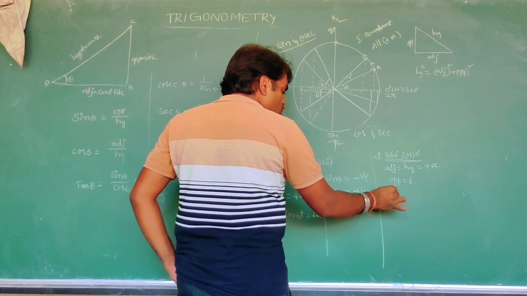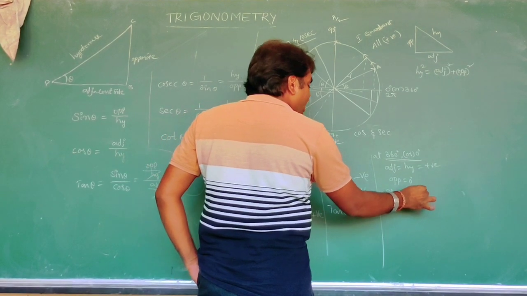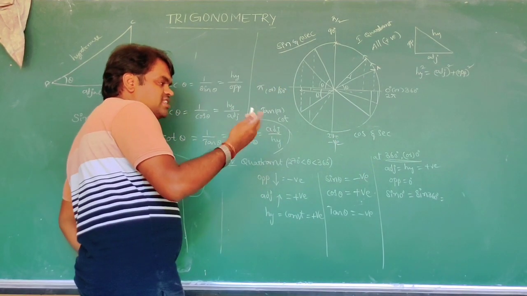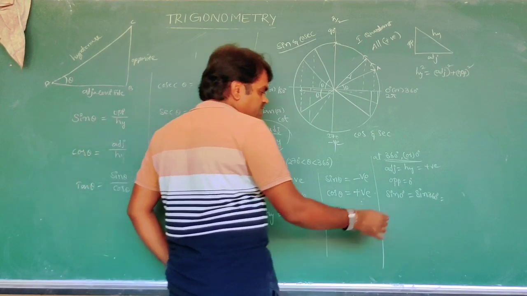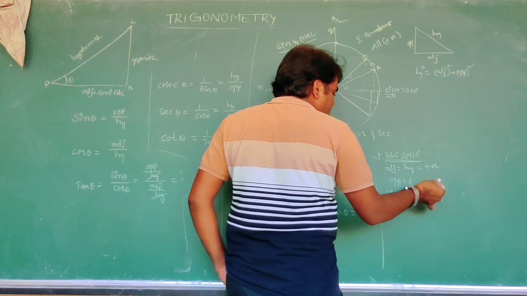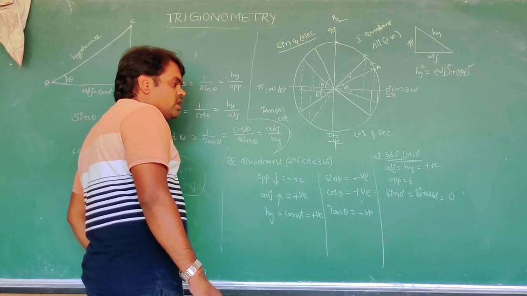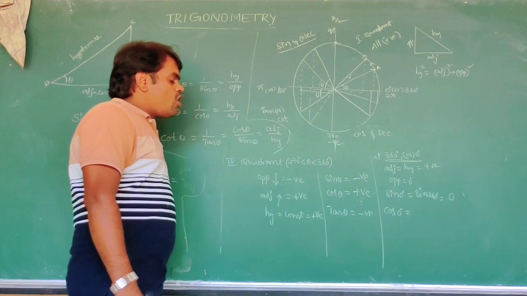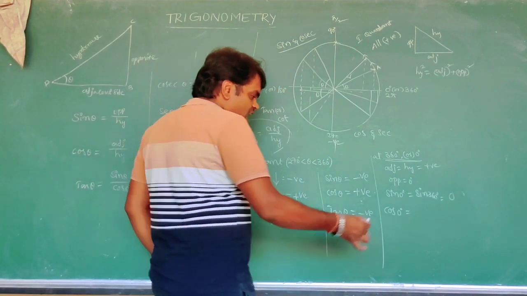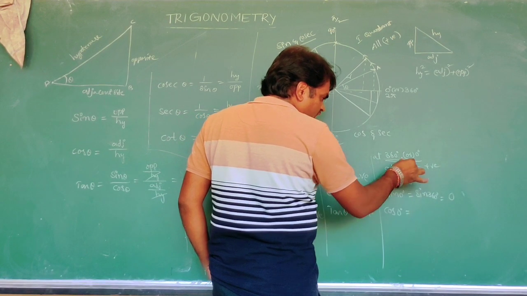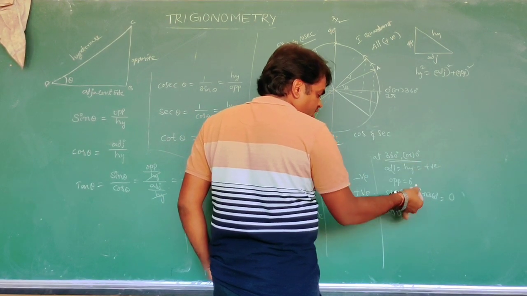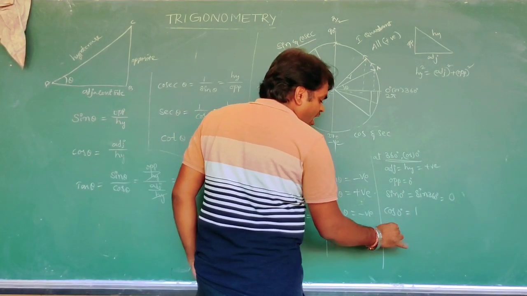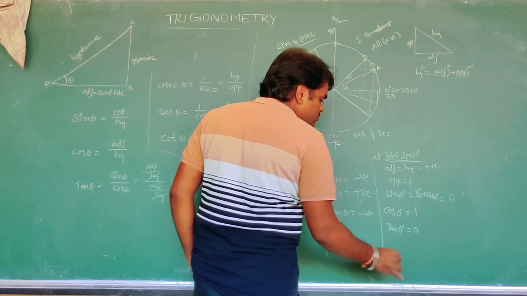That's why sin 0 degrees or sin 360 degrees is 0, because the opposite side is 0. Now cos 0 degrees: adjacent side and hypotenuse are both equal, that's why it is 1, positive. Tan 0 degrees is 0.